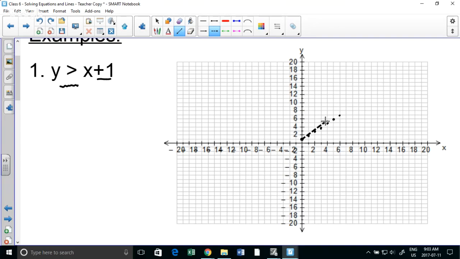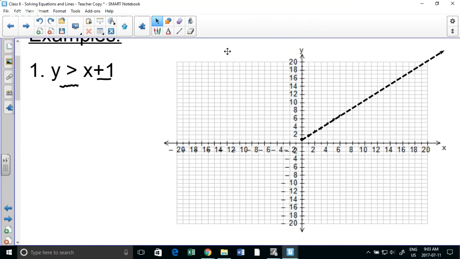Okay, fine. So your line would be dotted. This separates the region into above and below.